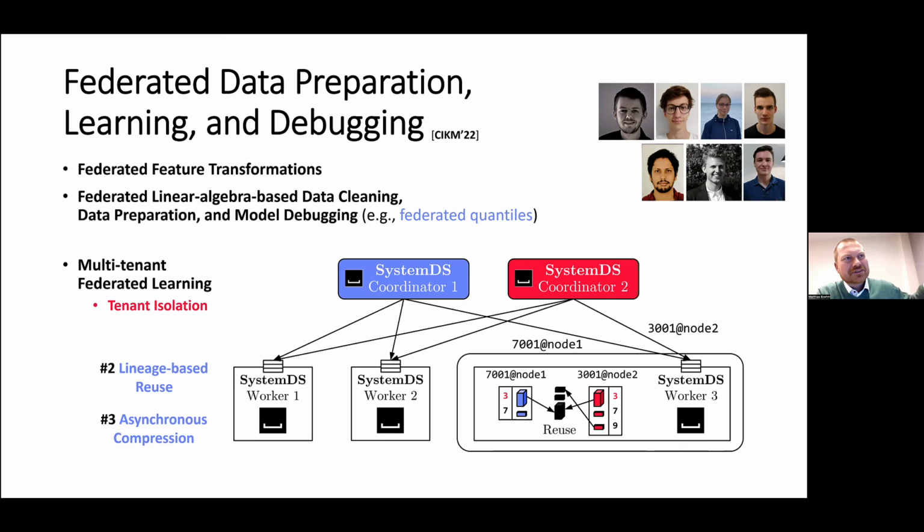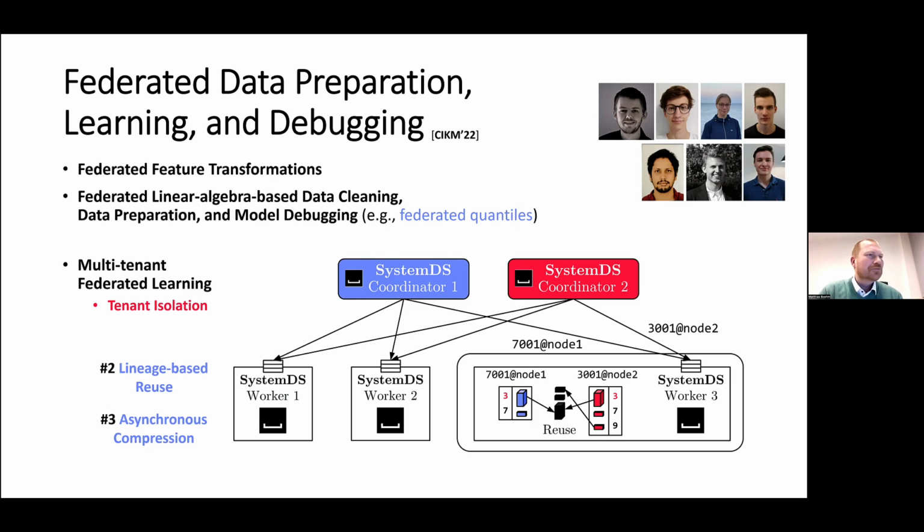The previous two projects on lineage-based reuse and compression were already integrated into this federated backend, allowing asynchronous compression, where we summarize the workload as it streams in, then trigger compression outside the critical path and utilize this compressed representation whenever available.